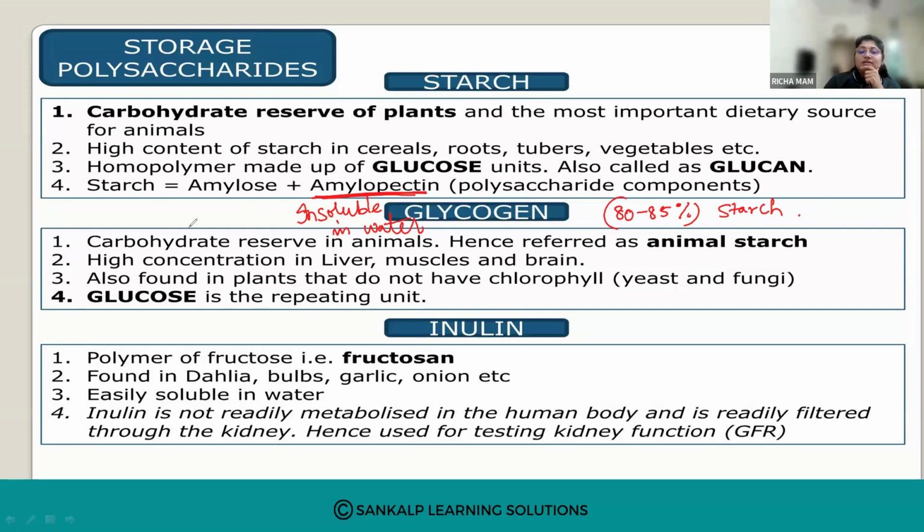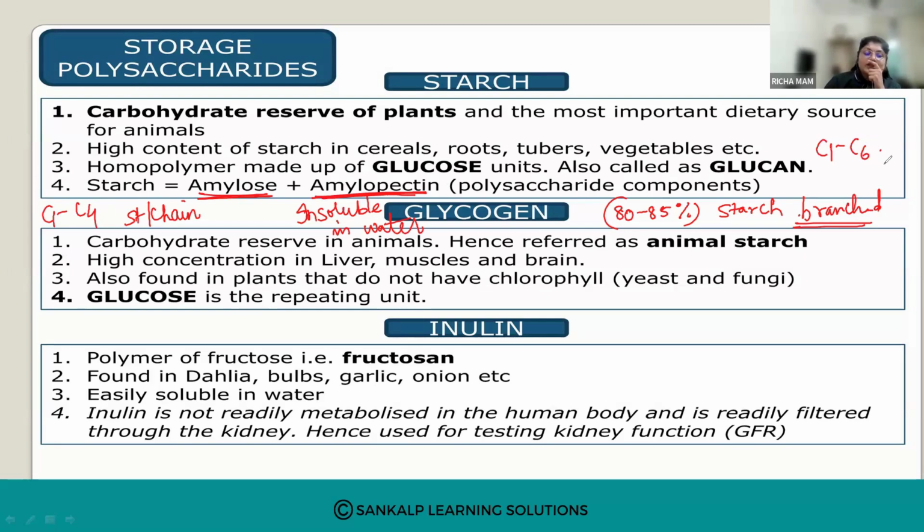As in amylose it was a long straight chain, your amylopectin is branched. Here you can see the C1, C4 linkage, and here the branching is between C1 and C6.